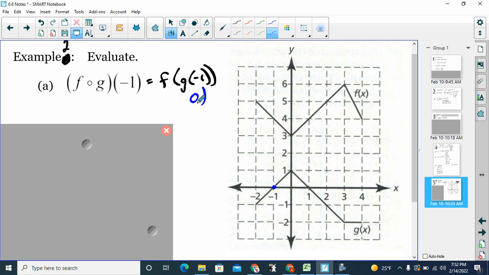G of negative 1 is 0. I'm just going to bring down my f here. So now we are evaluating f of 0. When x is 0, f of x has a y value of 3. F of g of negative 1 is 3.